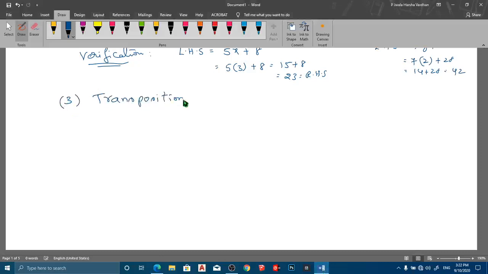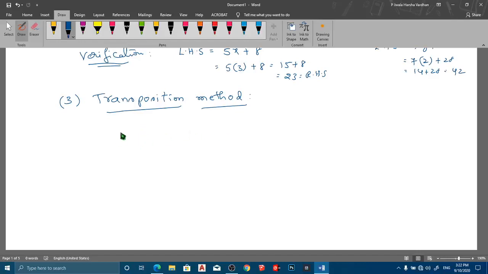What is the meaning of the transposition method? Shifting the position of the numbers from the right side to the left side, or from the left side to the right side. You can shift the numbers to find the solution.